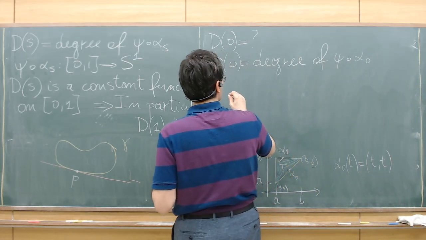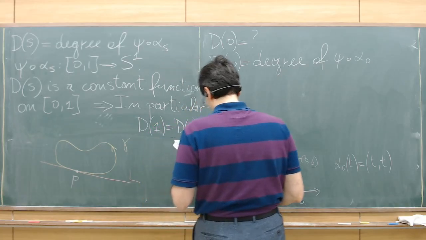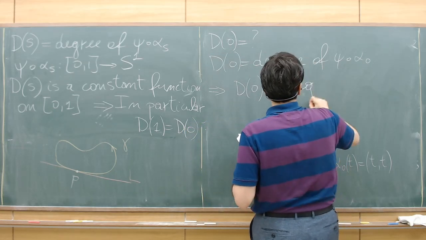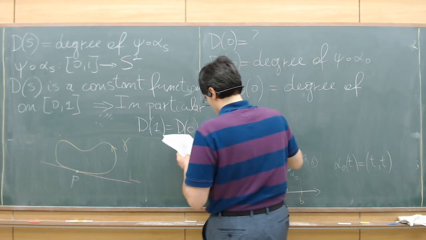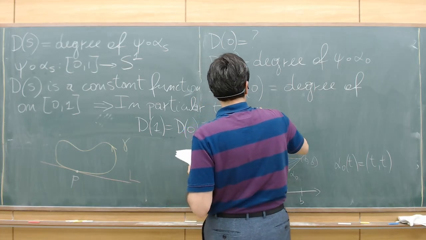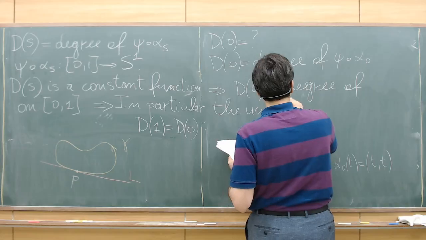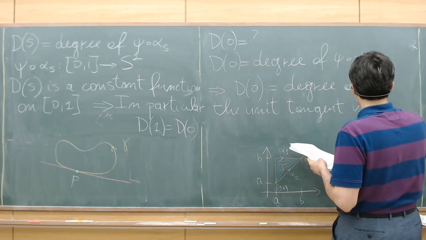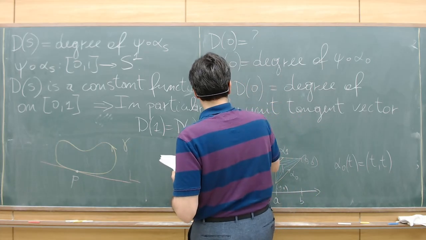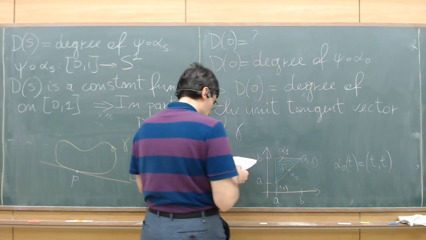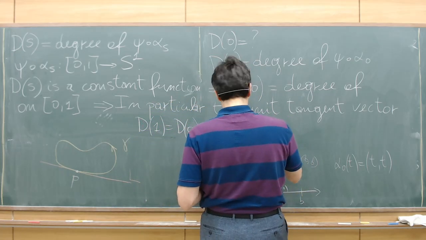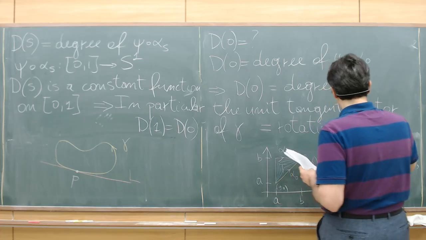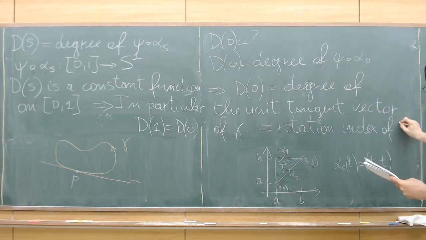So this means that d0 is the degree of the unit tangent vector of gamma, and we know that this is equal to the rotation index of gamma.